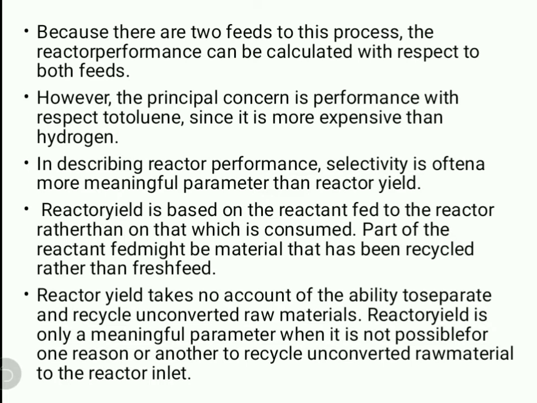The reactor yield is based on the reactant fed to the reactor rather than the reactant consumed. So part of the reactant fed might be material that has been recycled rather than fresh feed. So the meaningful characteristic is selectivity.